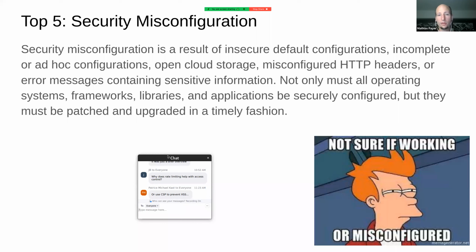And security misconfiguration is the result of insecure default configuration, incomplete or ad hoc configuration, misconfigurations, error messages containing sensitive information, and so on. For the web application, you must securely configure the operating system, the framework, the libraries, applications, and so on, and patch and upgrade in a timely fashion.